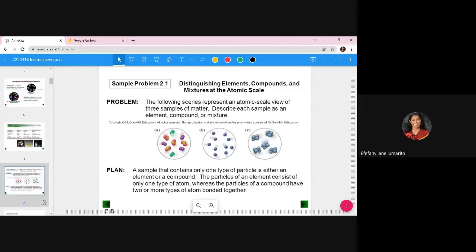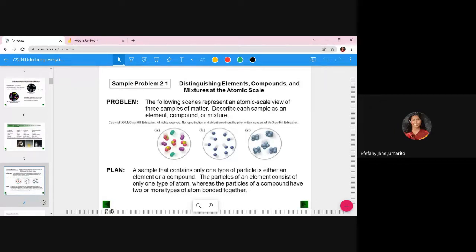We have a green molecule, a purple molecule, and then we also have this compound, like water. So it's a mixture. What about letter B? Element. Letter C? Compound.